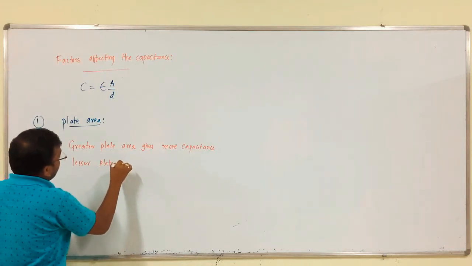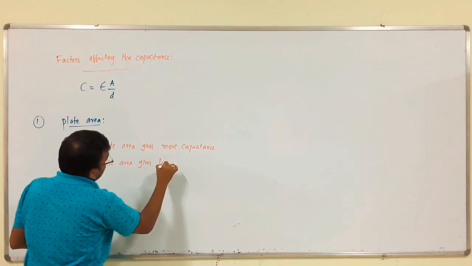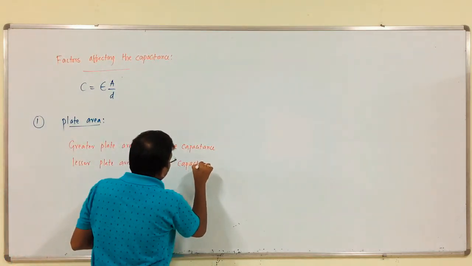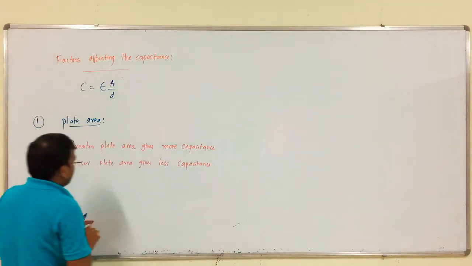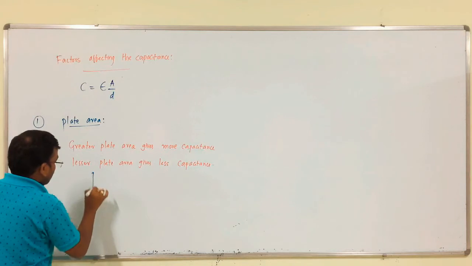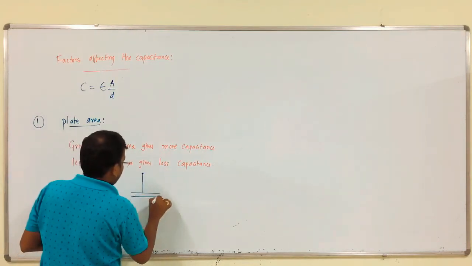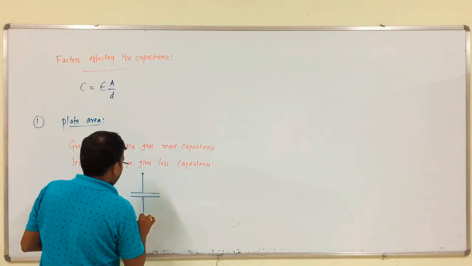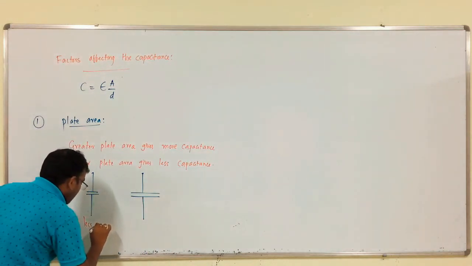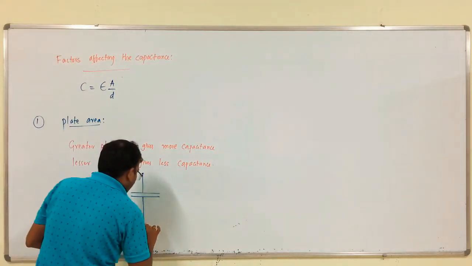Lesser plate area gives less capacitance. So this one has less capacitance, and this one has more capacitance.